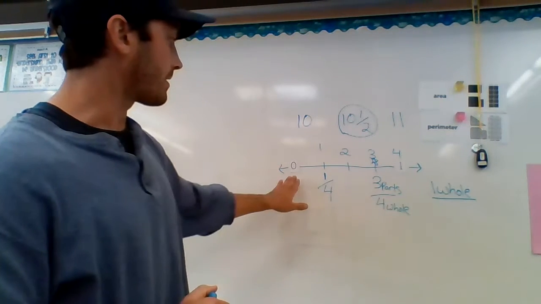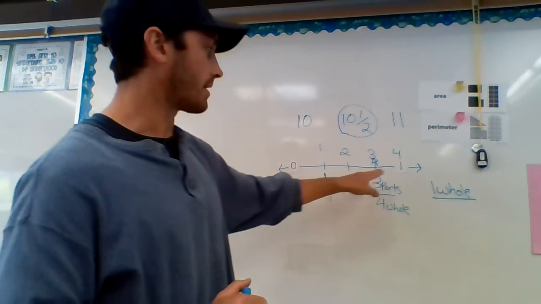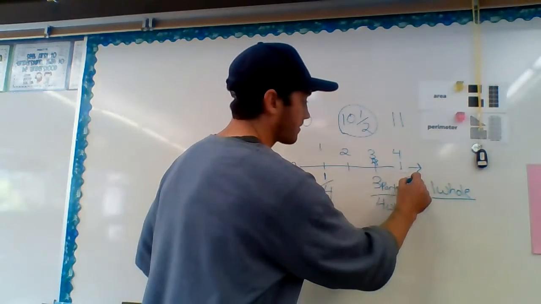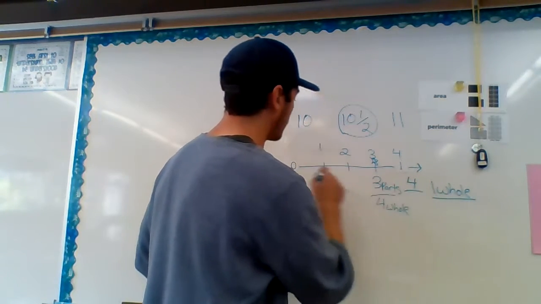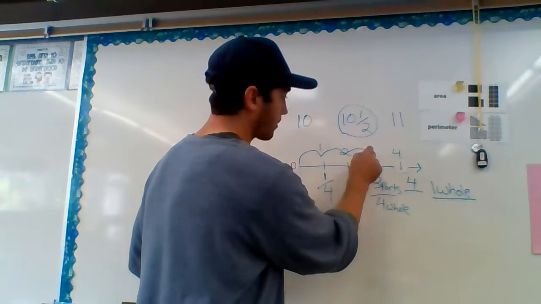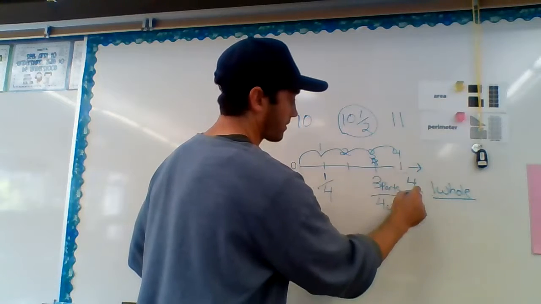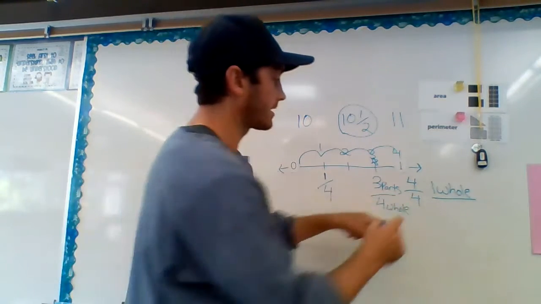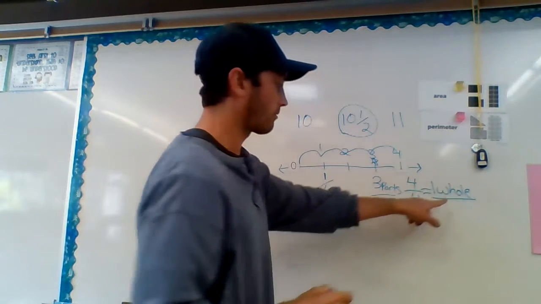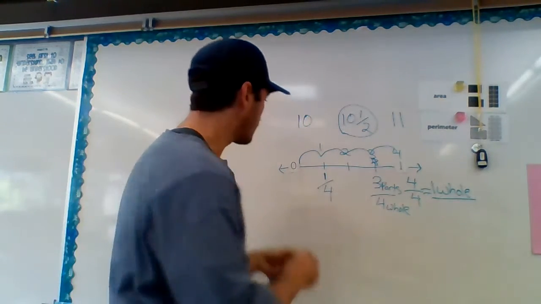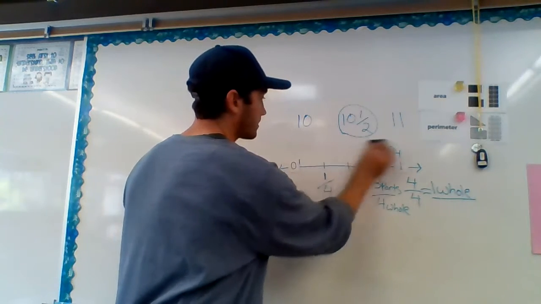And if we measured something and we wanted 1 exactly, then we'd be at 4, because we went 1, 2, 3, 4. 4 parts out of 4. So that equals, again, our 1 whole. Okay? I'm going to clean this up a little for us.